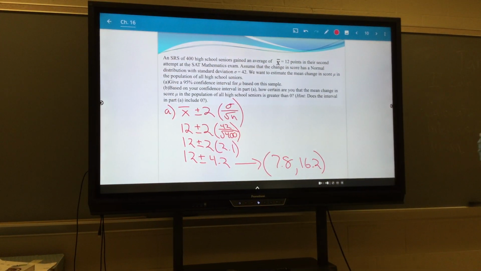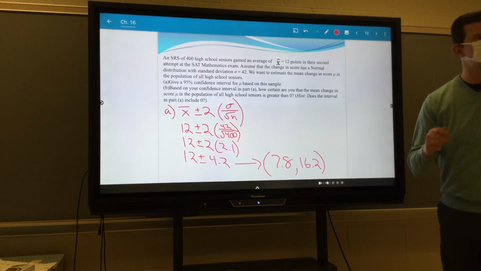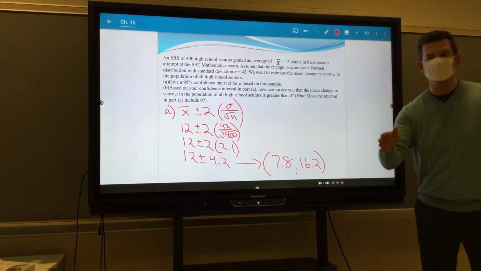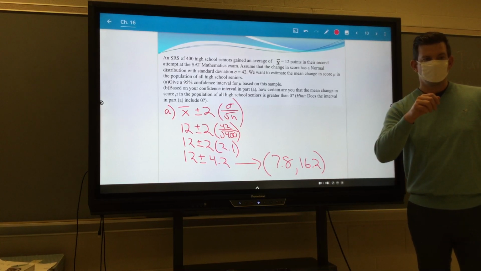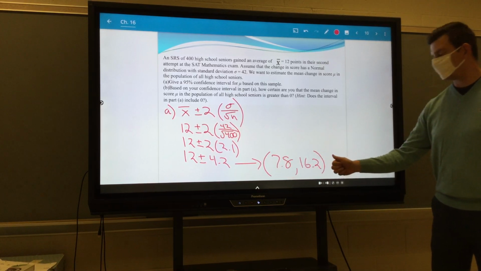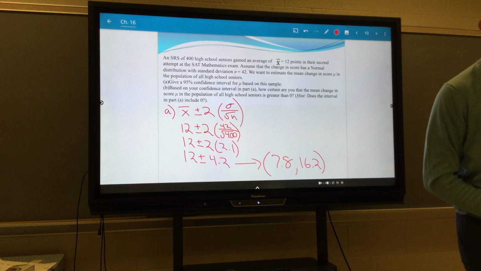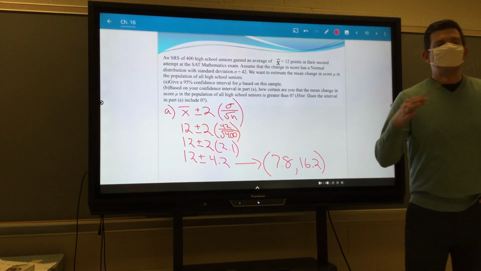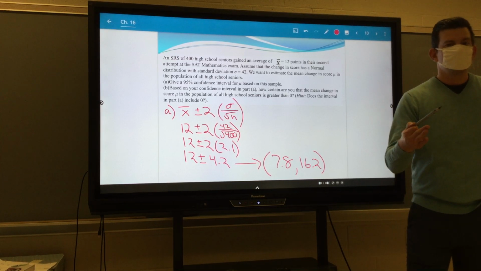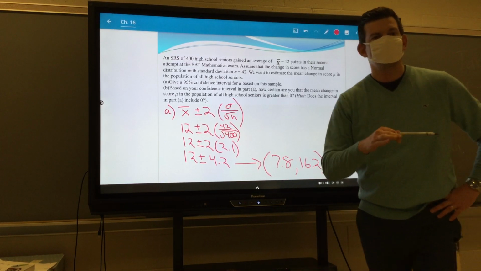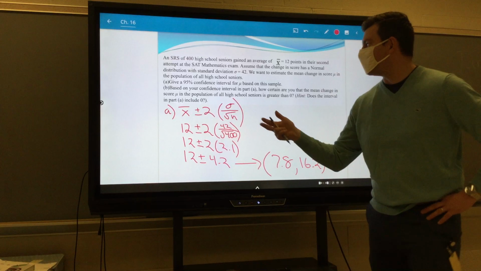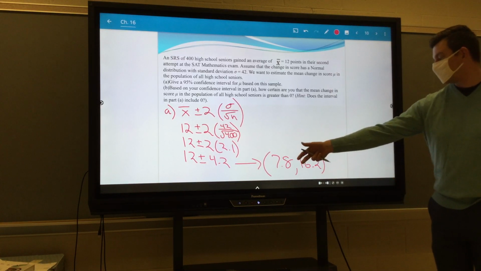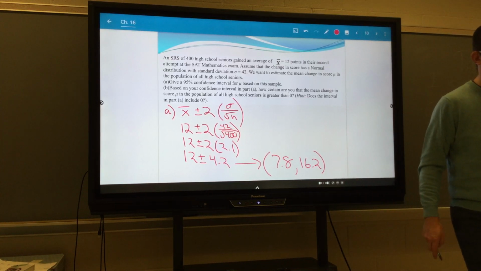We would interpret this as we are 95% confident that the true population mean is between 7.8 and 16.2. That actual nationwide average improvement when taking the SAT math the second time is between 7.8 and 16.2.